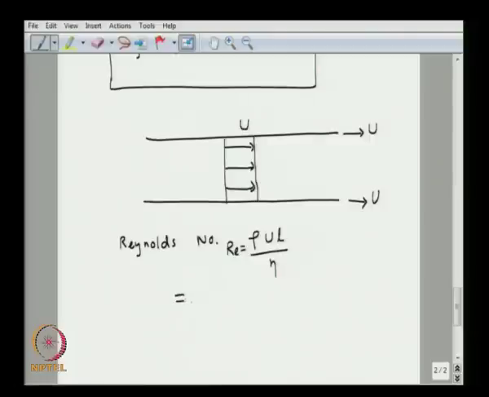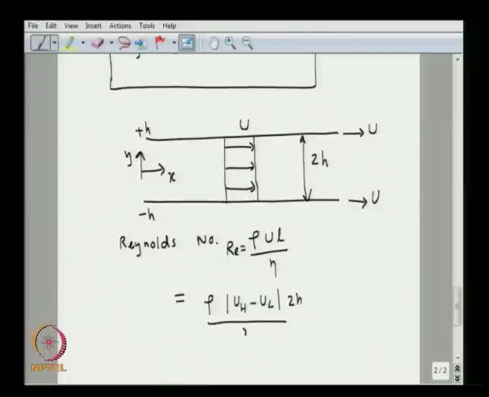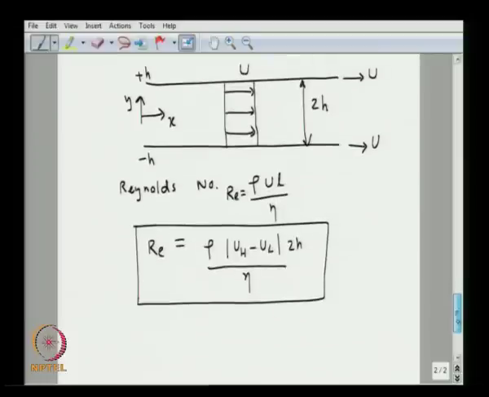So, in this particular case we can define it as rho into u, which will be UH minus UL, into the spacing between the plates, this is going to be 2h, each plate is located at plus h and minus h, right. So, this is going to be 2h divided by eta. So, that is how the Reynolds number is going to be defined in case of Couette flow.